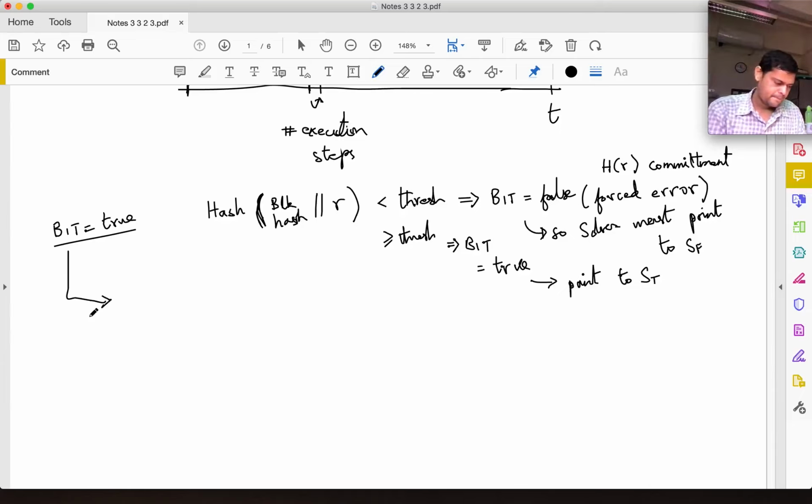Now what happens? There are different cases. Suppose there is no challenger. In this case, since there is no challenger, we assume that the solver is correct and he gets the full reward.